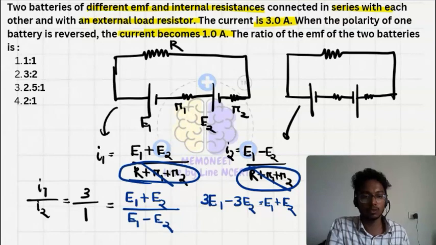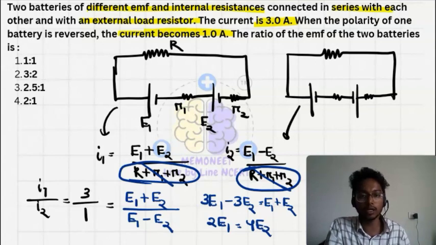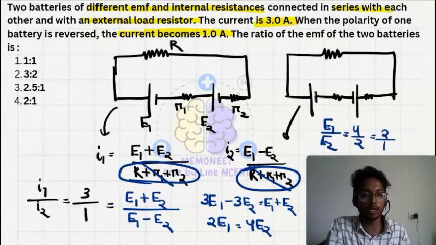Taking E1 to the LHS, it is 2 E1, and E2 to the RHS, we have 4 E2. So the ratio of the EMF, E1 upon E2, is equal to 4 upon 2, it is 2:1 is the answer. So option 4 is the correct answer.